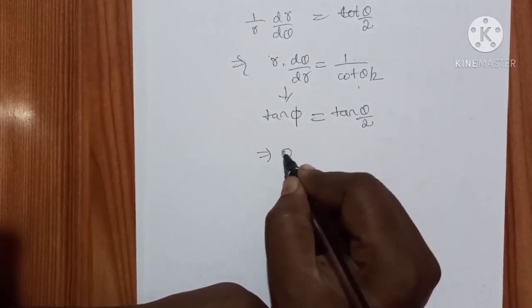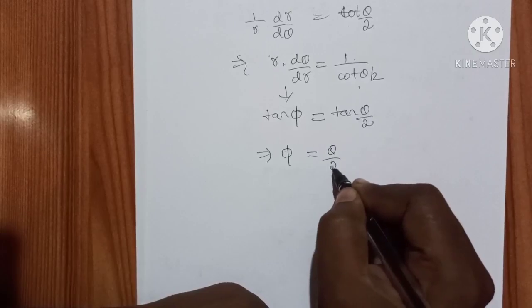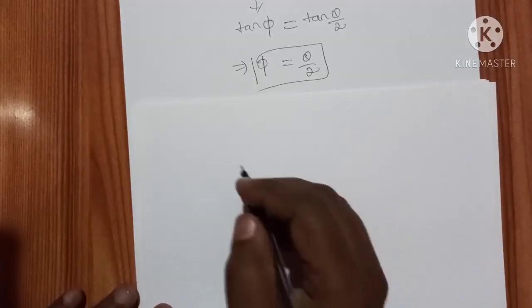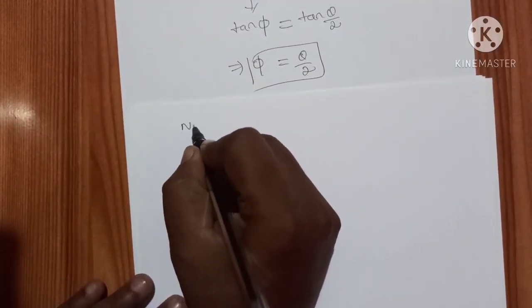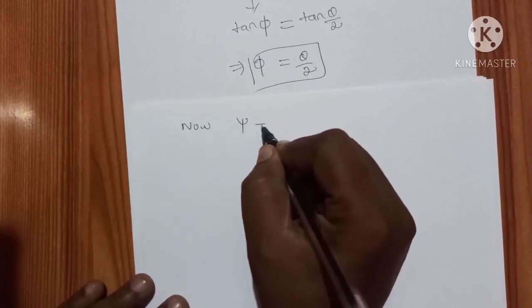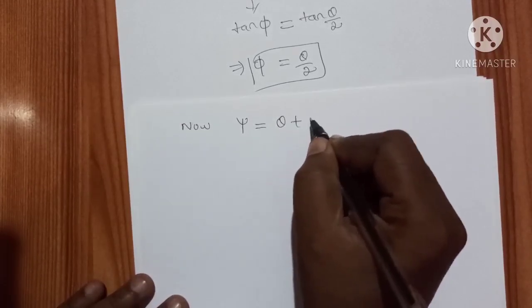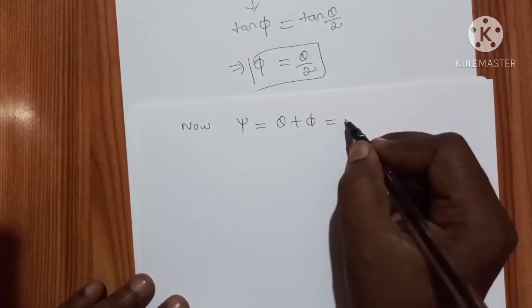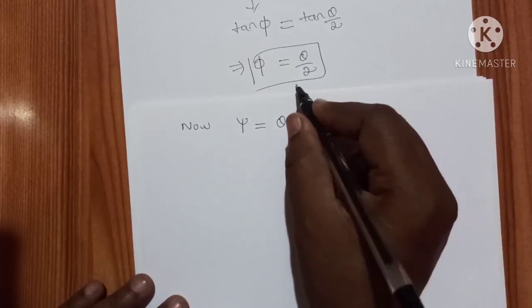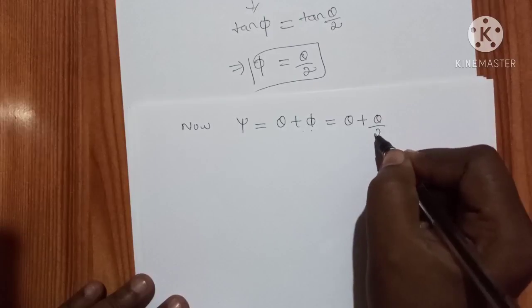So we get phi equals theta by 2. Now we have psi equals theta plus phi.